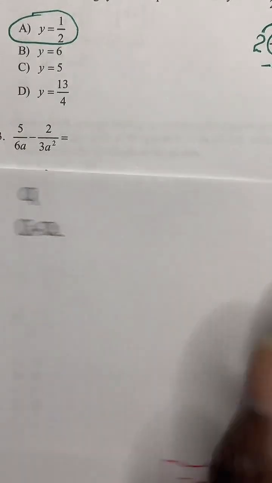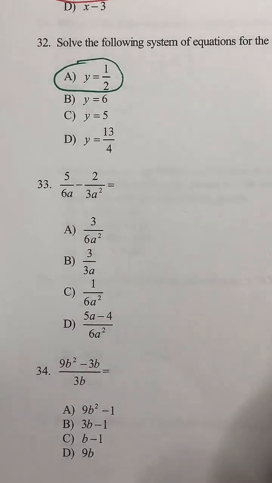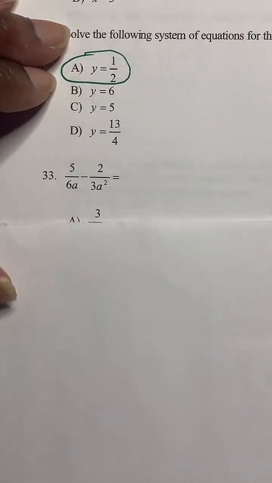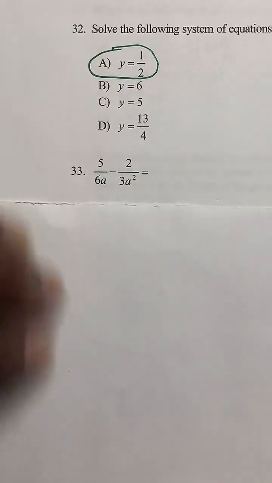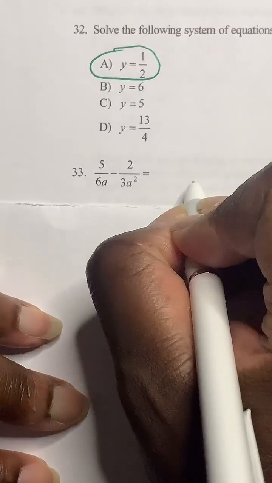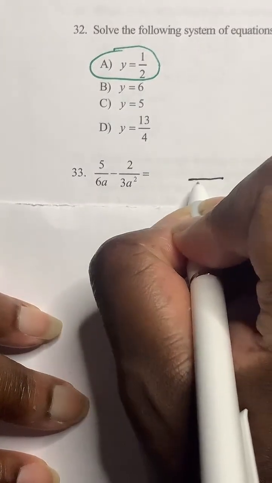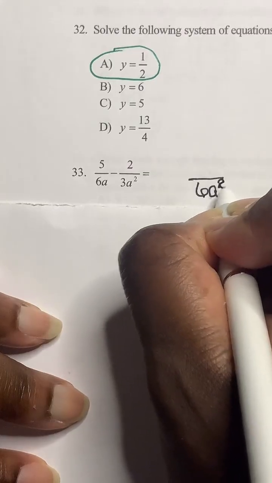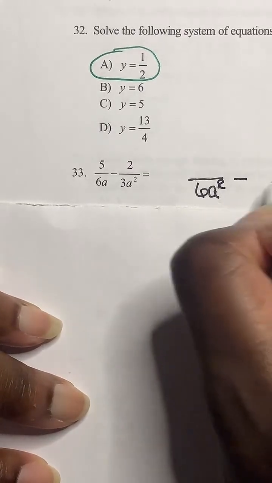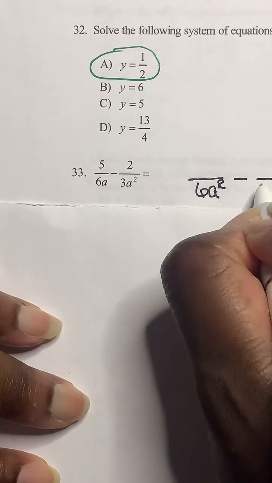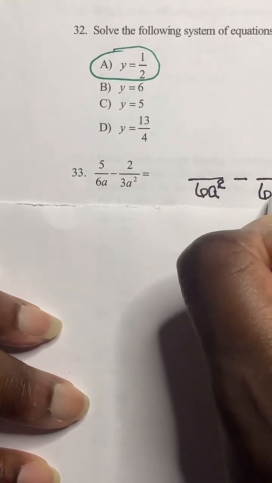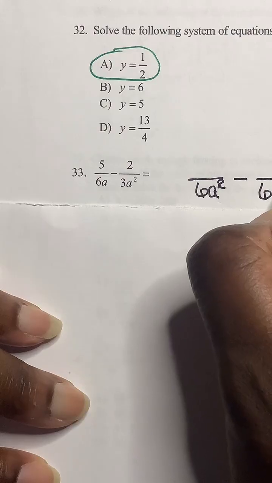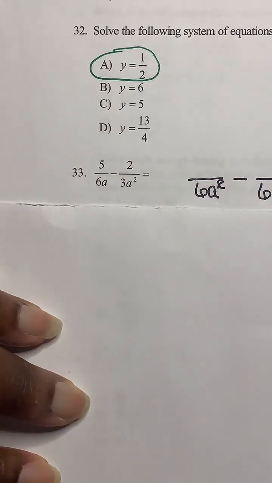So in order for me to get my common denominator, it's going to be 6a squared. And you're like, what? So we got the agreement with the 6, but we're not trying to make it smaller.